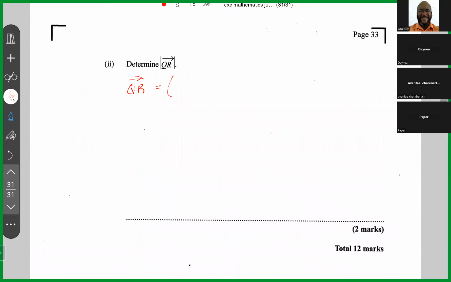So it is (-12, 4) as a column vector. Now the magnitude of QR would be the square root of -12 squared plus 4 squared. This is the square root of 144 plus 16, the square root of 160.